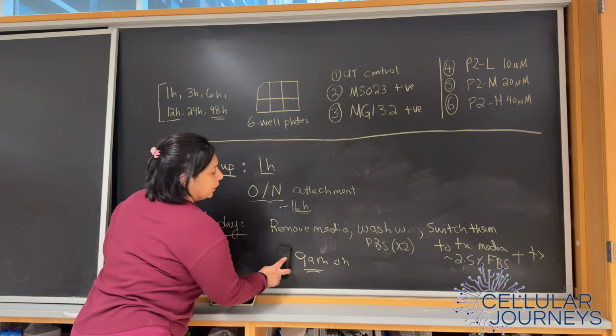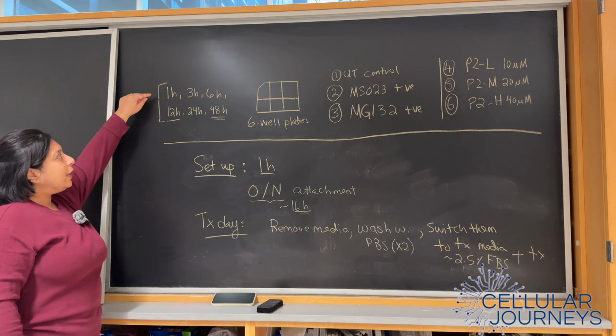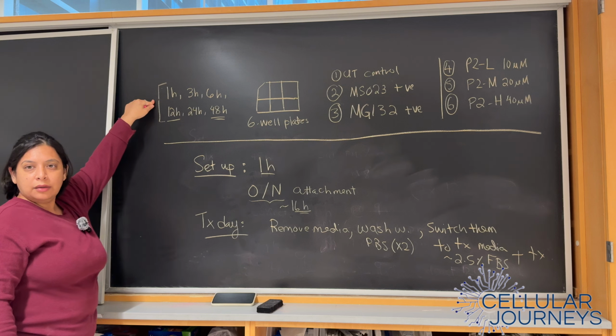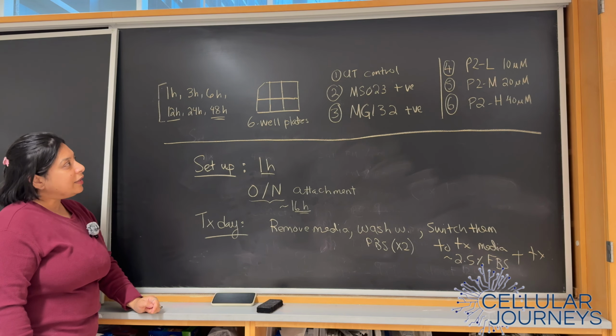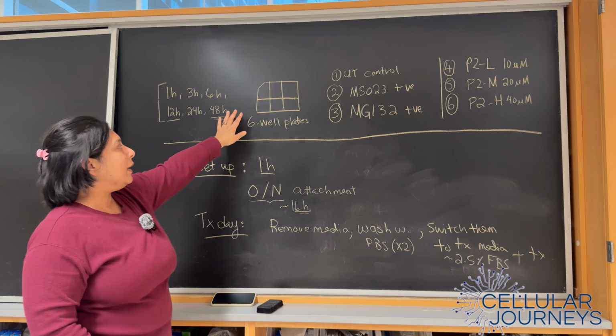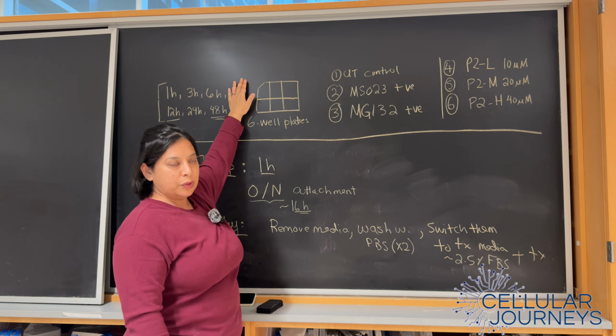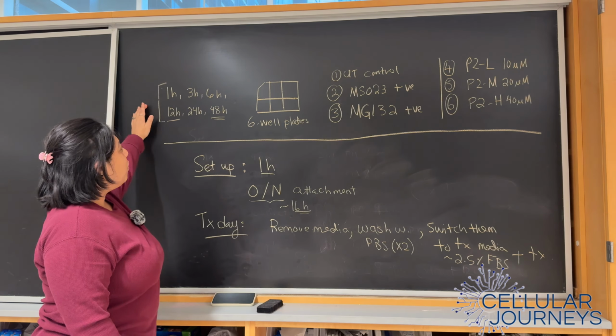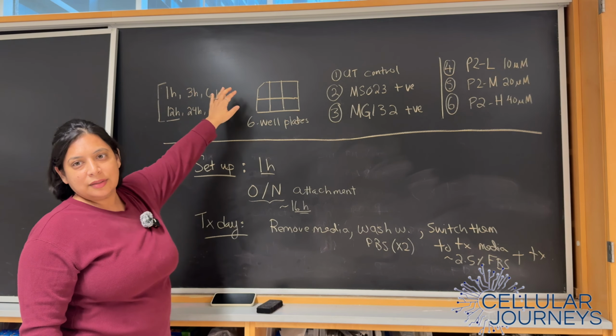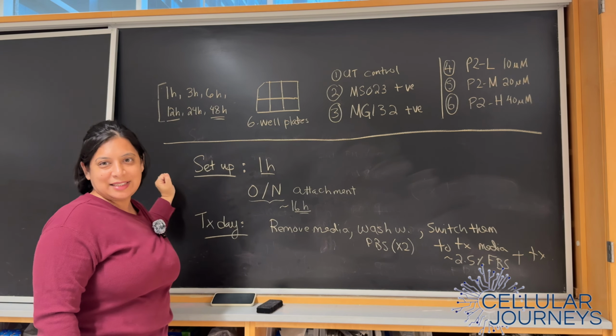A different way to do it is to treat them in a staggered manner and then collect them all at the same time. The advantage of that is that, remember, we plated our cells at about 40 to 60% confluence. If I treat them all at the same time, my 1 hour, 3 hour, those earlier time points may not have a lot of cells in there.